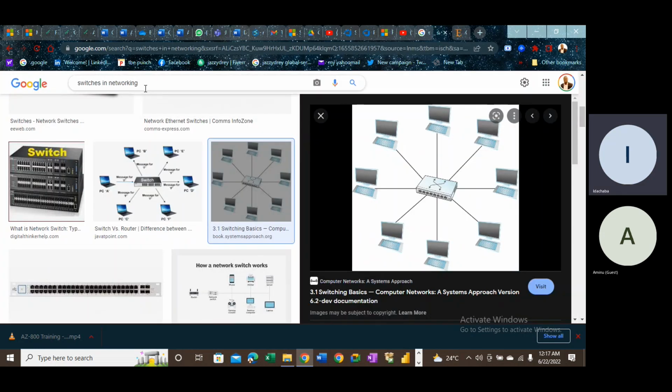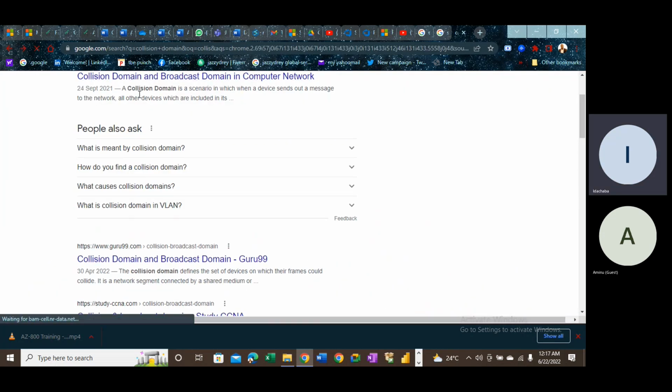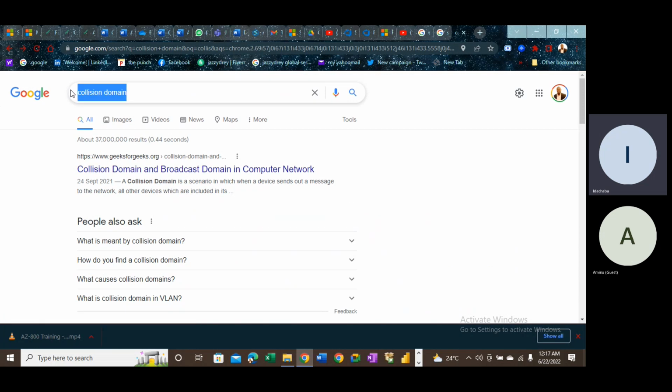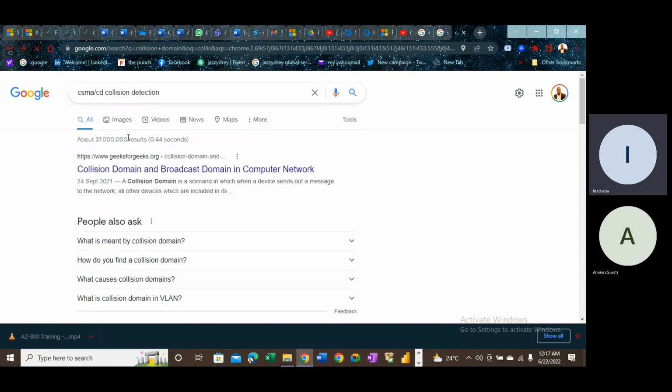Okay, so now let me explain that CSMA/CD to you very well. Like I said, this was the technology for collision detection.